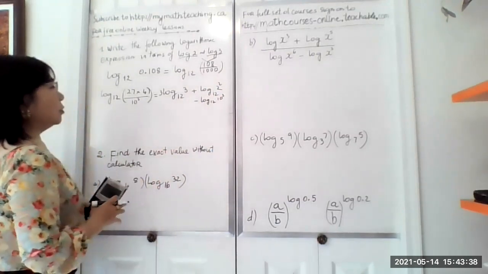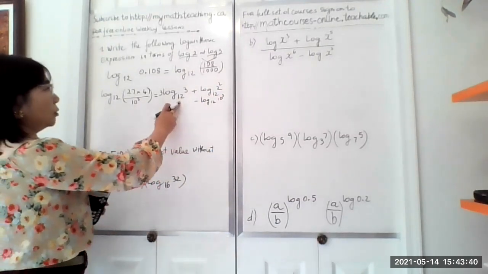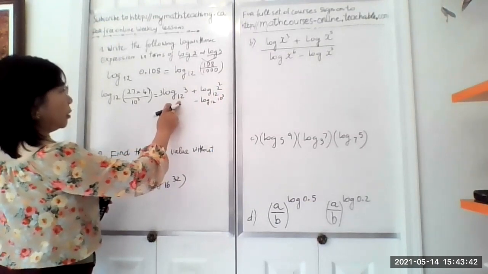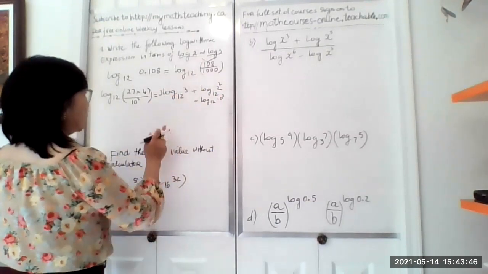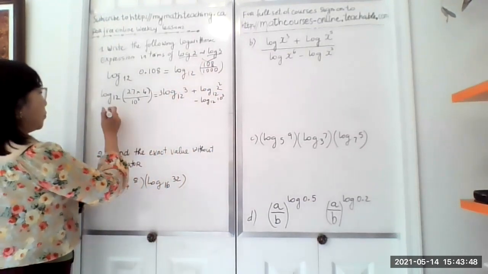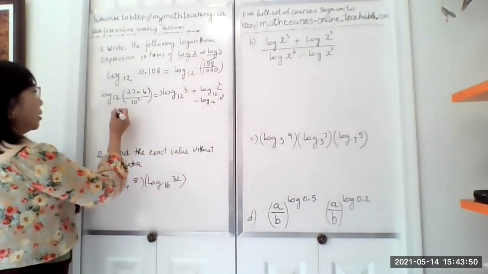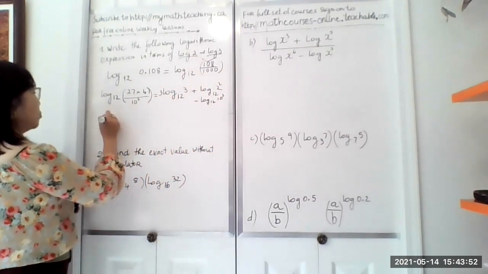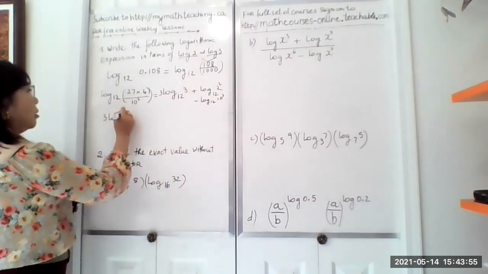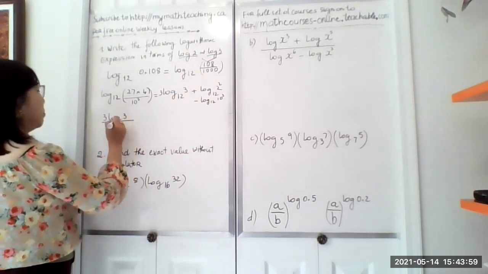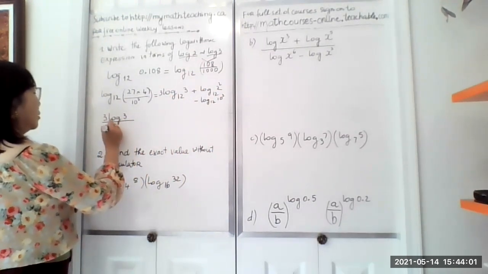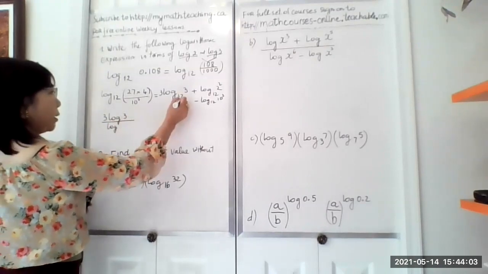So now we have a log 12, and we don't want to have a log 12 because we want to split into 2 and 3. So we can rewrite this as 3 log of 3 divided by log of 12, right?